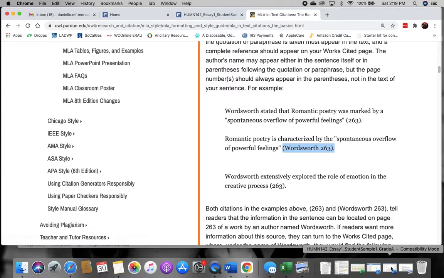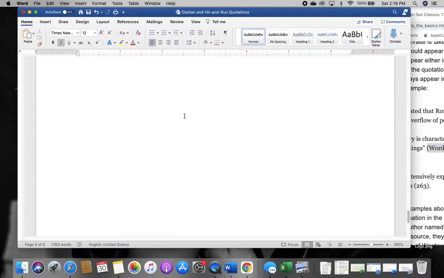So I'm just going to go to the end of this document here. So MLA in-text citations, it's just last name, page number. That's all it is.